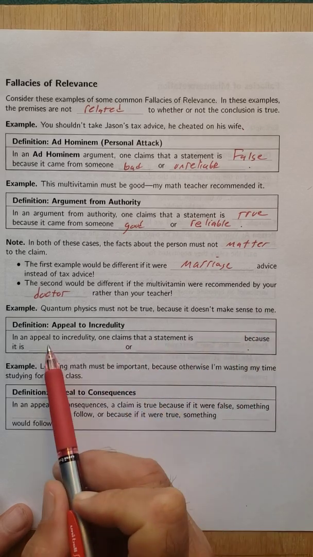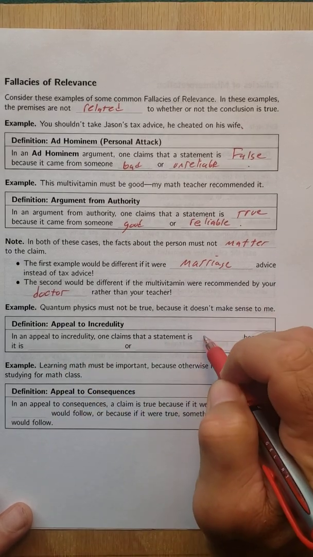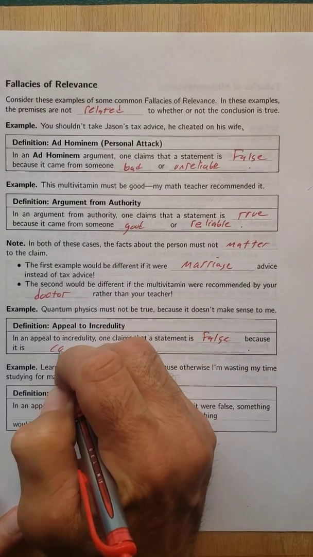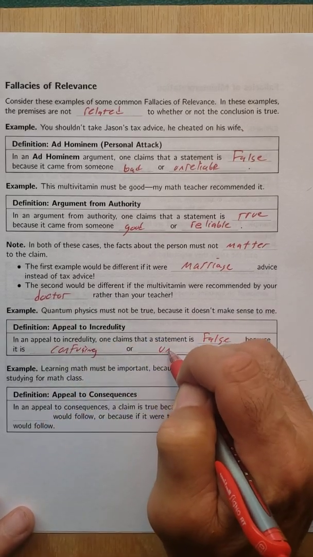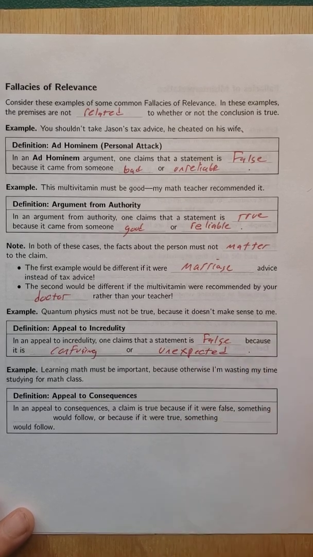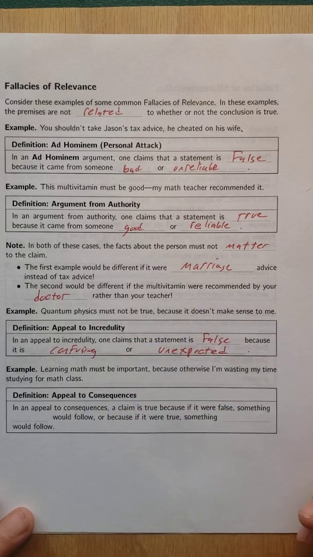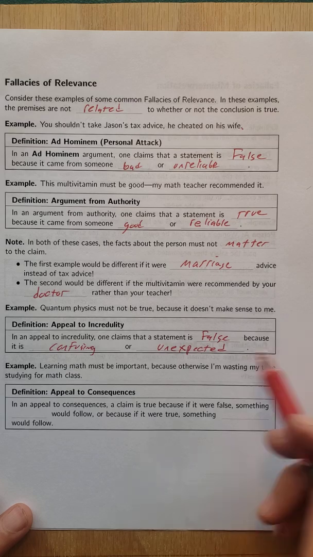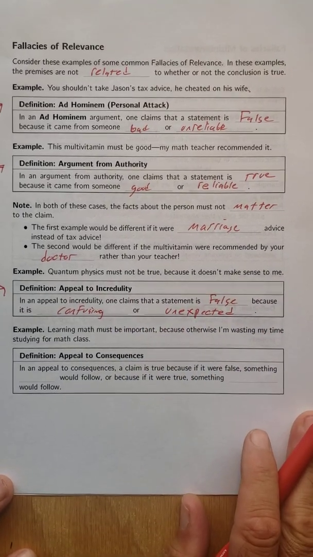In an appeal to incredulity, one claims that a statement is false because it is confusing or unexpected. It doesn't make sense to me, so quantum physics must not be true. And that's simply because I don't understand it. It's confusing to me. Well, that's a fallacy.